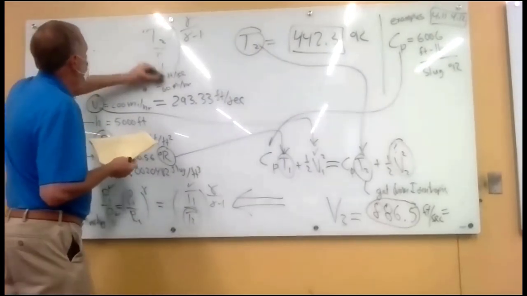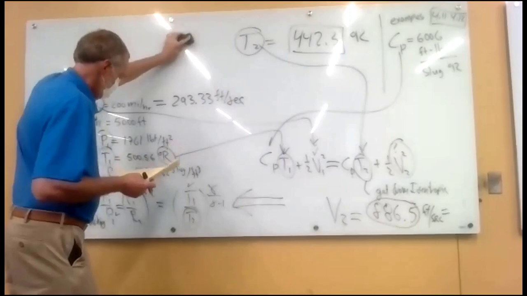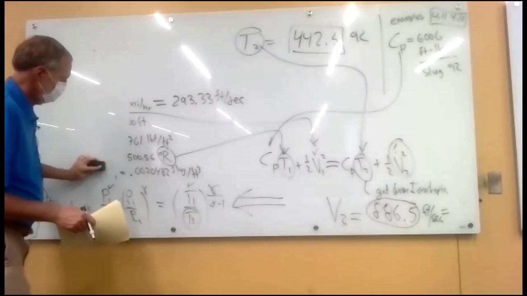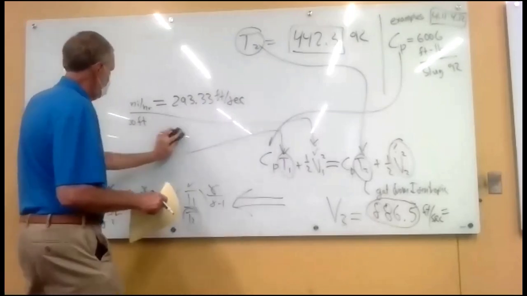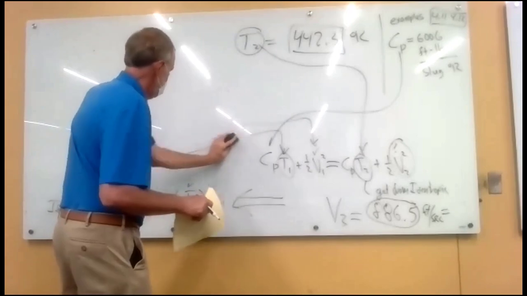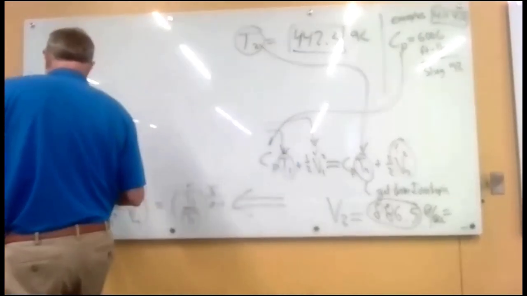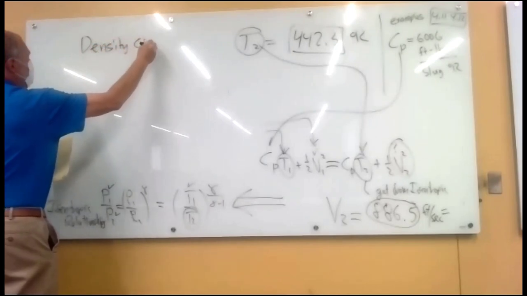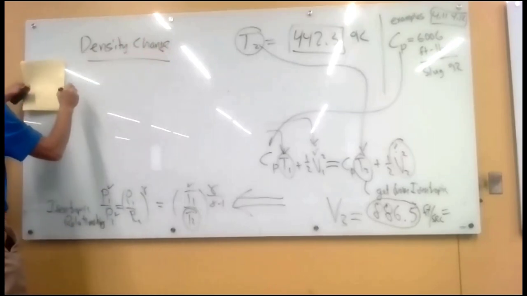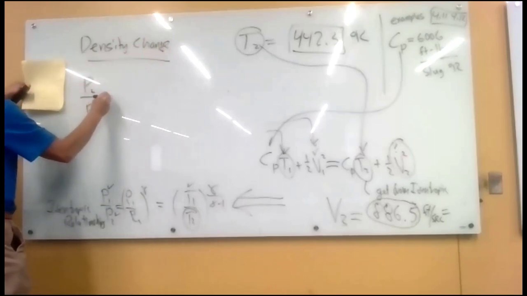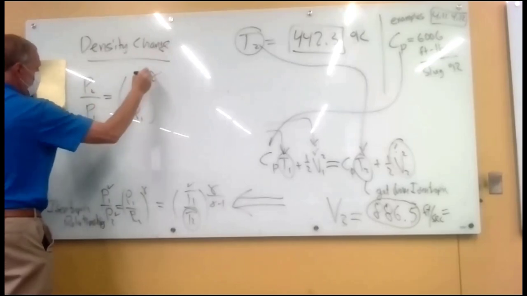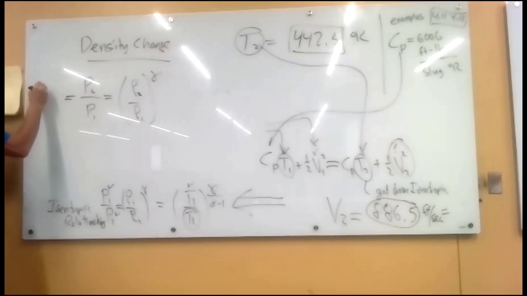And in fact, we can calculate the density change from our isentropic equations because that's going to give us the density ratio. So the density change is going to come from the pressure change, which we know. So we had the pressures here that were given to us.